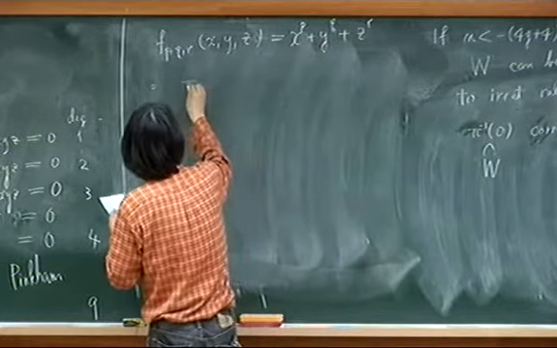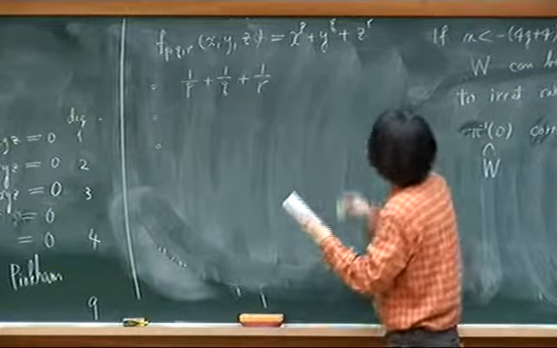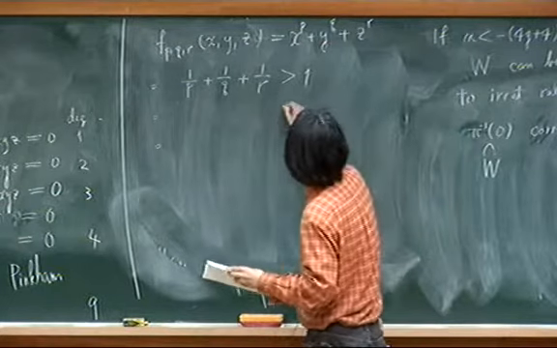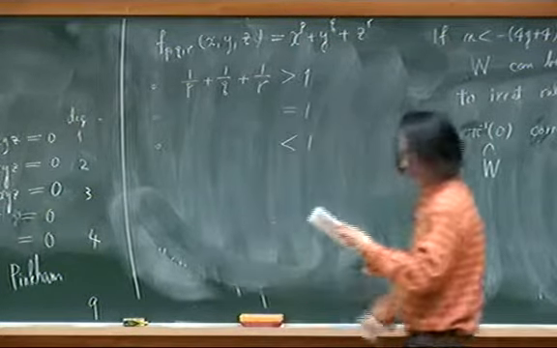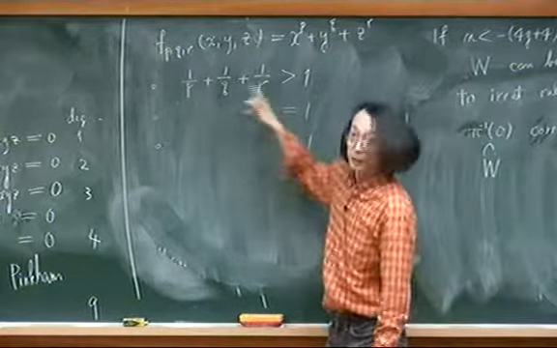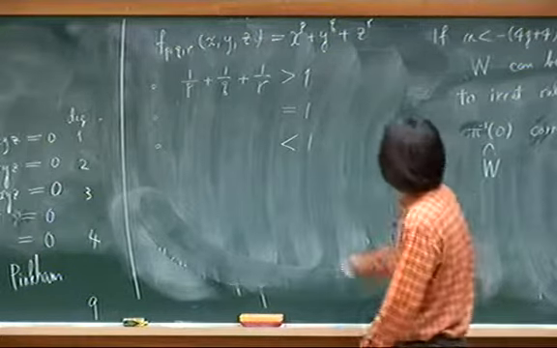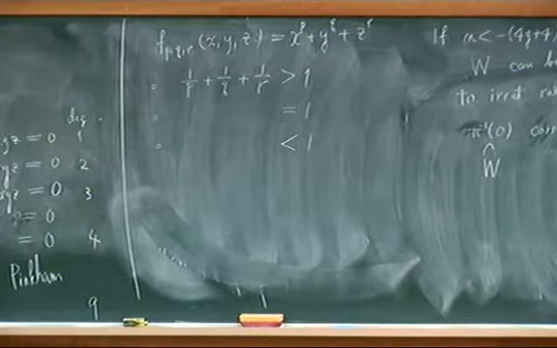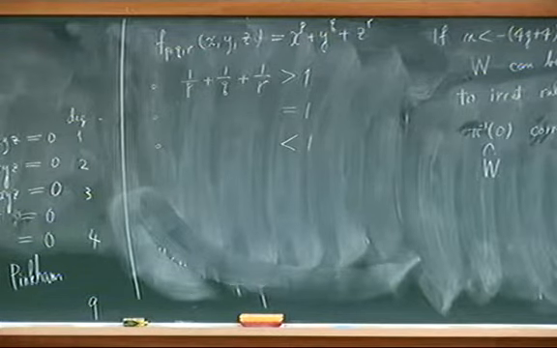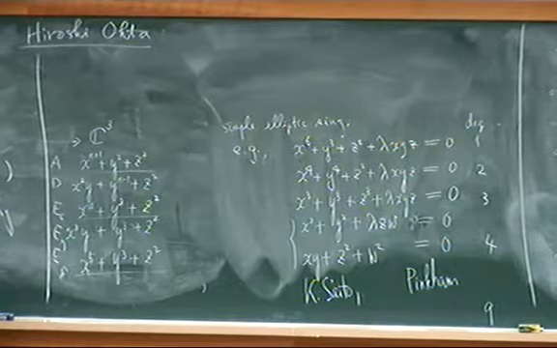One type is where the sum of the inverses of p, q, r is bigger than 1, or equal to 1, or less than 1. This quantity is quite crucial in the theory of singularities, and here we have some A, D, E type things.